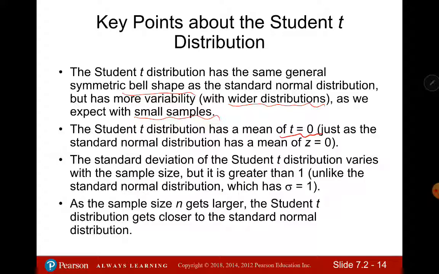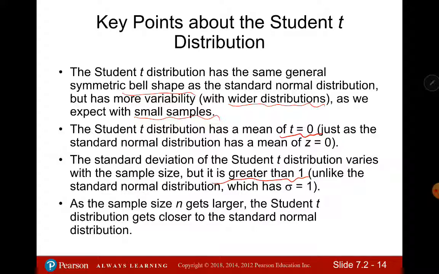So the mean is still equal to 0. But the standard deviation is not equal to 1. It's greater than 1. Okay? Mean is still 0, but the standard deviation is not like the z-table.